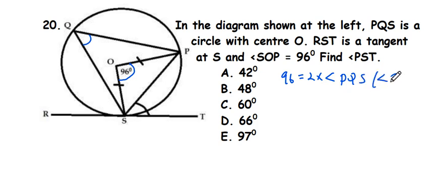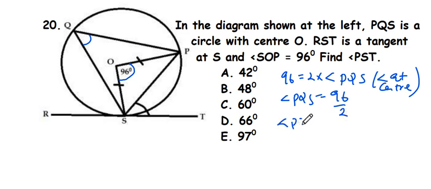That's angle at center. So angle PQS in this case will be 96 divided by 2, that's 48 degrees. So this angle is 48.